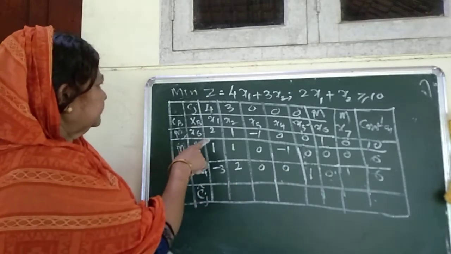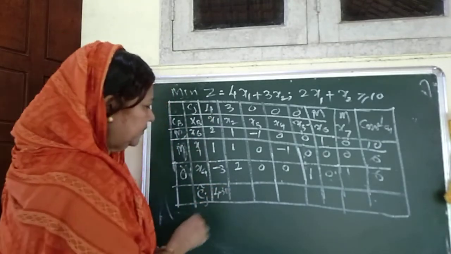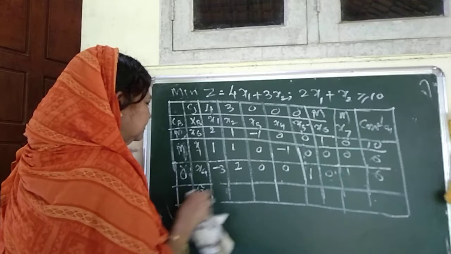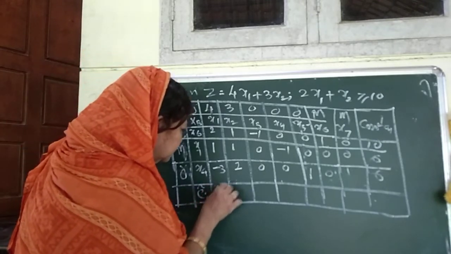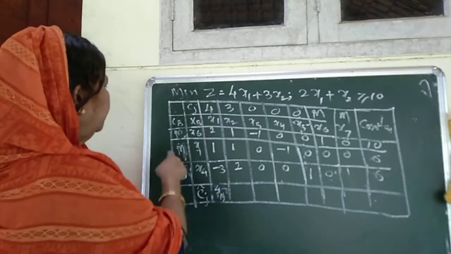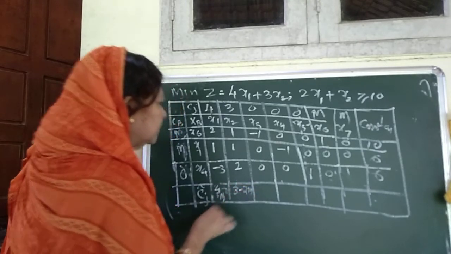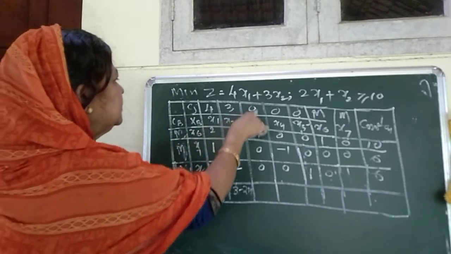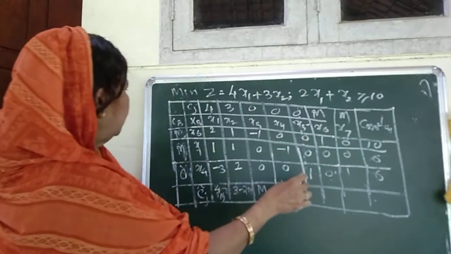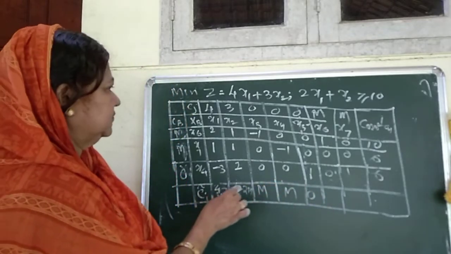For that, it is 4 minus 3M, 3 minus 2M, then here x3 it is 0 minus M, that is M. Here also M. Then x5 it is also 0.